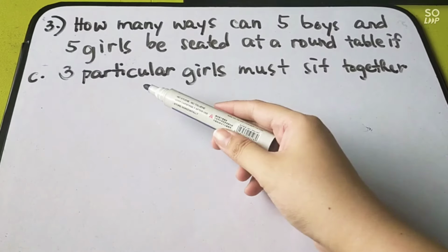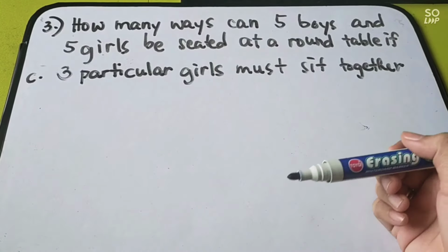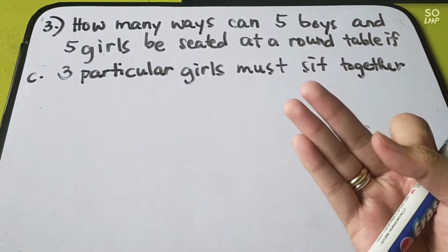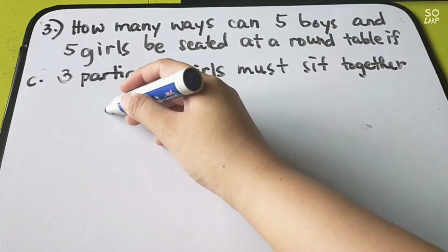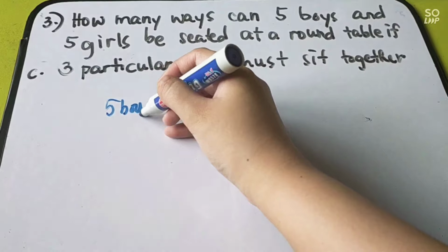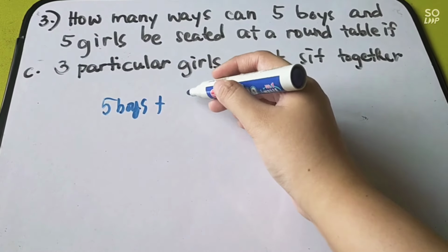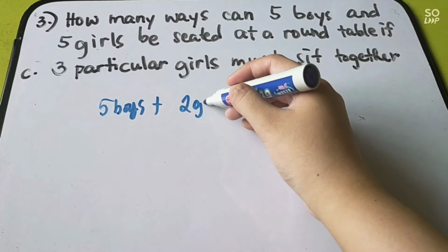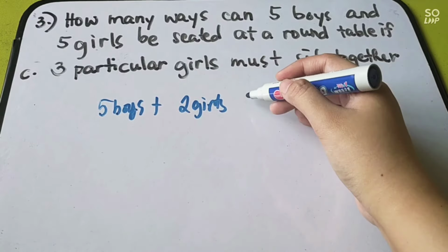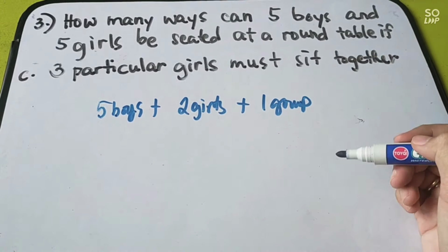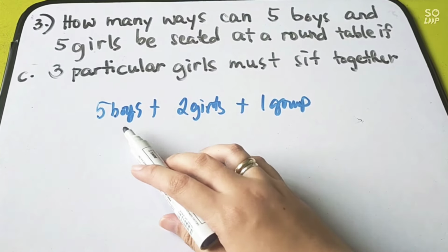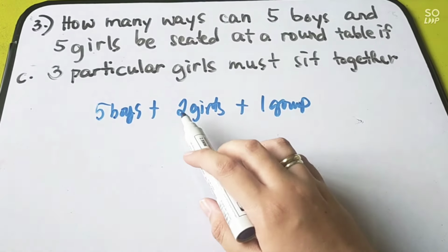C. 3 particular girls must sit together. Yung tatlo daw na girls kailangan magkakasama. So, meron tayong 5 boys, tapos plus 2 girls na lang. Tapos, plus 1 group, yung 3 girls. If you add this, we have 5 plus 2 plus 1.